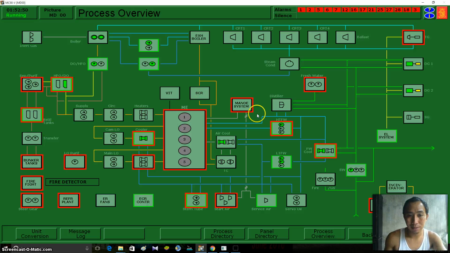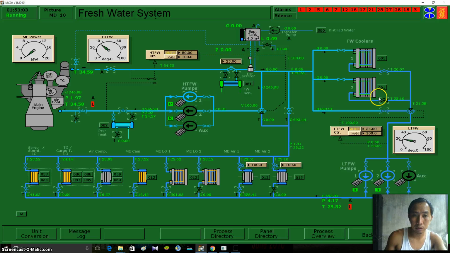So in order for us to start the main engine, all auxiliary systems must be ready. Okay, so we're going to do that one by one. For example, we're going to check our freshwater cooling system here. So our main engine has its so-called preheater. So we're going to raise the temperature by switching our preheater, opening our steam. So it will pass to our preheater.